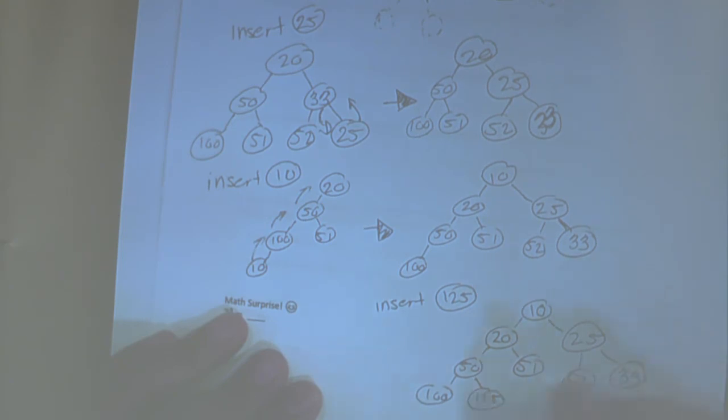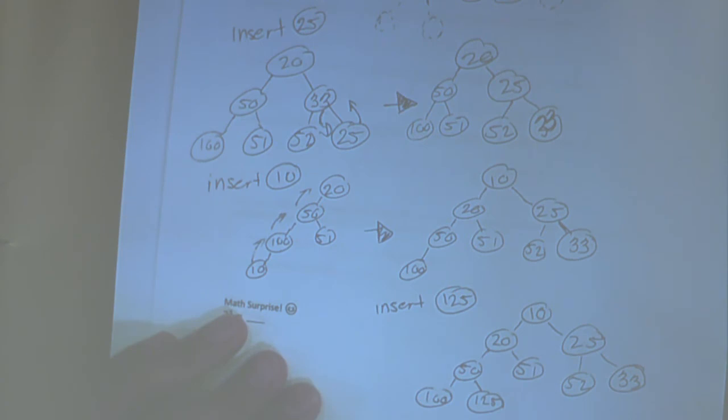Okay, so when we call percolate up here, we see that 50 is less than 125, and our ordering property holds, so we don't need to push up 125, we can just leave it there. That's good enough.